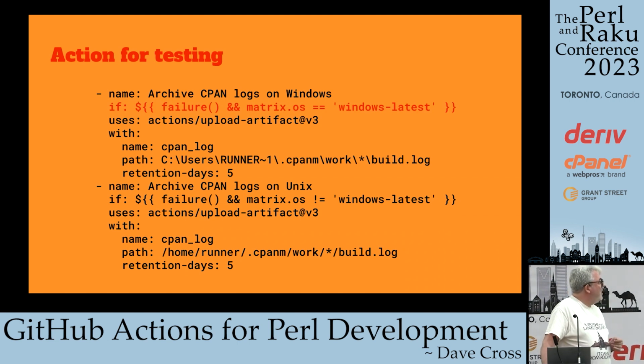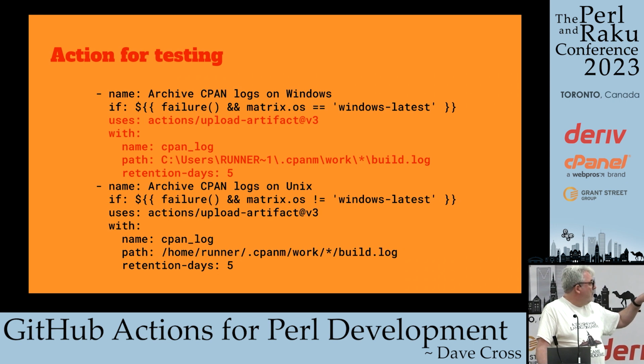Another interesting thing we can see here is if things fail, there's this failure flag, and what we're doing here is we are taking the build log. If the installation of the CPAN modules goes wrong, then CPAN very helpfully writes a log file so you can look at it, but it's on a container that's about to be destroyed.